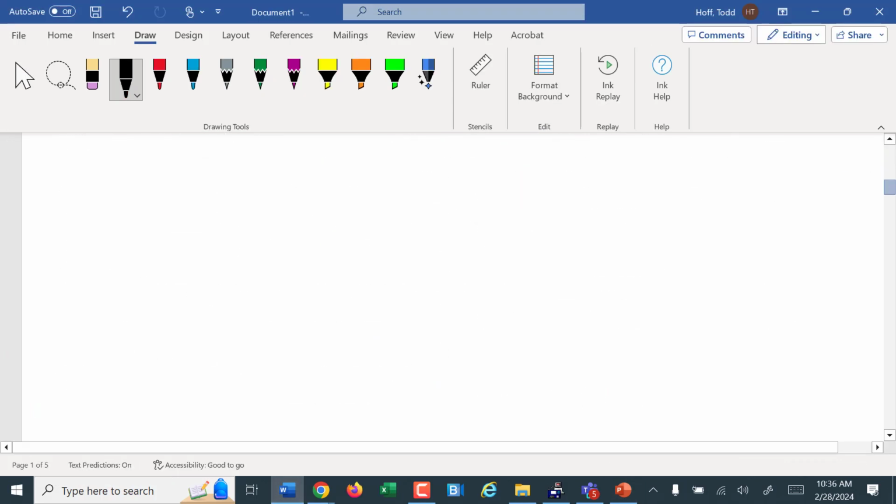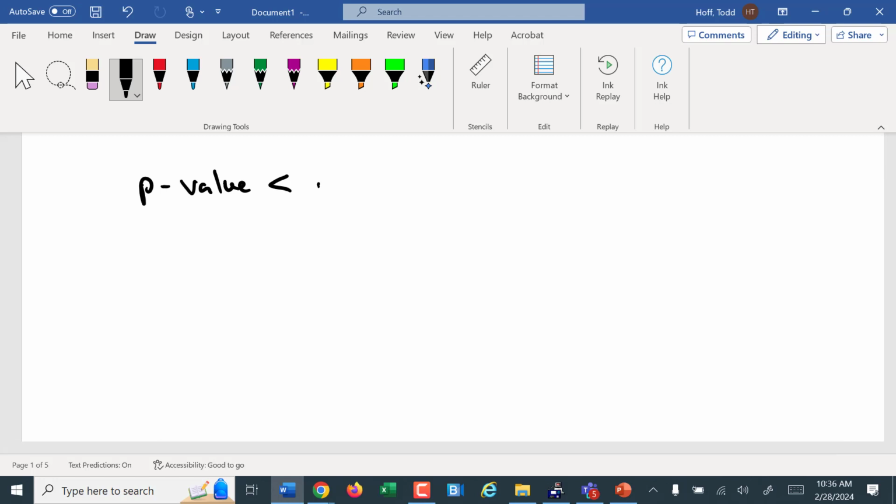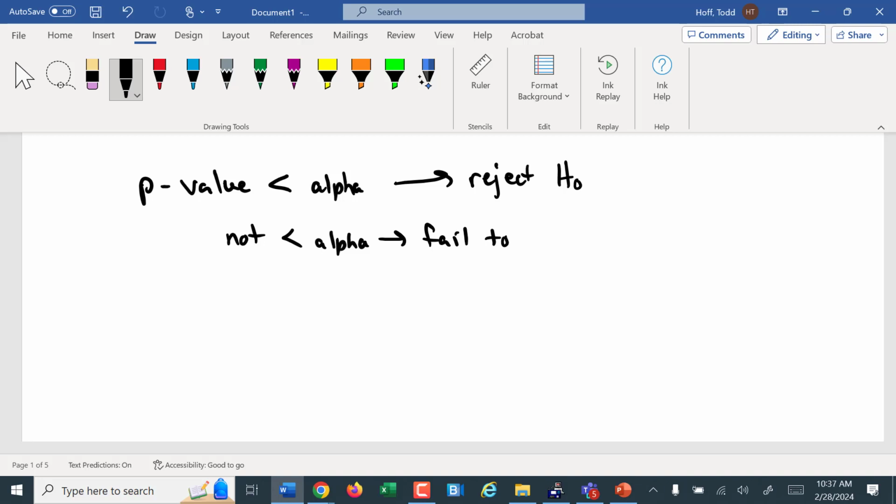So let me scroll down here. P-value less than alpha means we reject the null hypothesis. If the p-value is not less than alpha, we would fail to reject the null hypothesis.